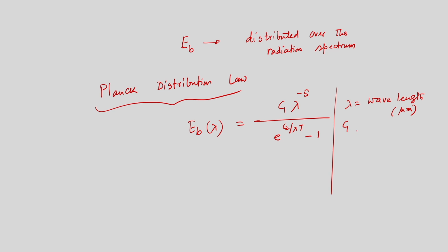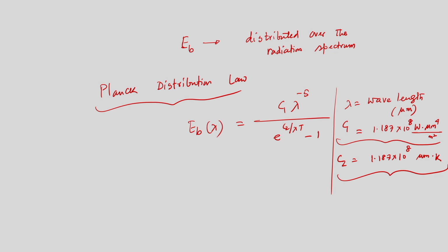C1 is 1.187 times 10 to the power 8 watt micrometer to the power 4 per meter square, and C2 is another constant, 1.187 times 10 to the power 8 micrometer degree Kelvin.